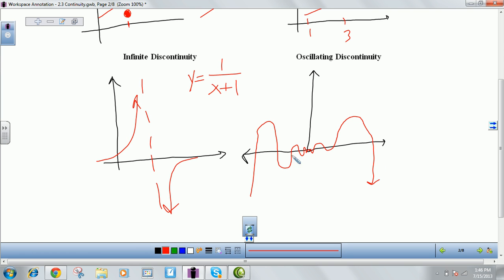If you take y equals sine of 1 over x and put a zoom box around this point and keep zooming in, you'll notice that it oscillates faster and faster. It never flattens out. One side never equals the other side as far as limits go, and there's really no value there because it's always going up or down no matter how far you zoom in. That's what's called an oscillating discontinuity.